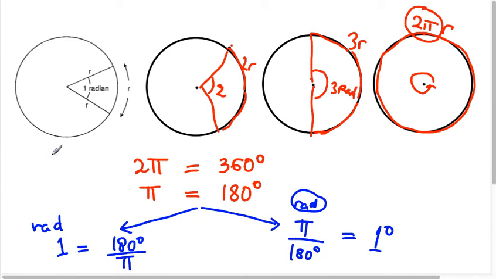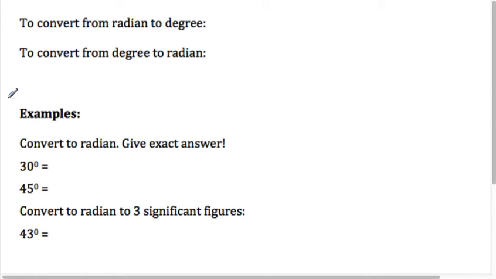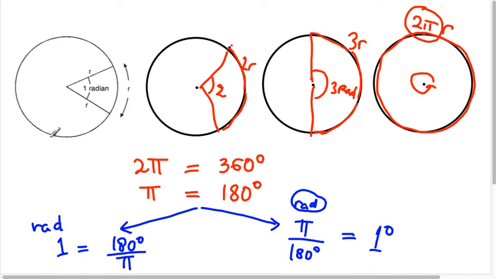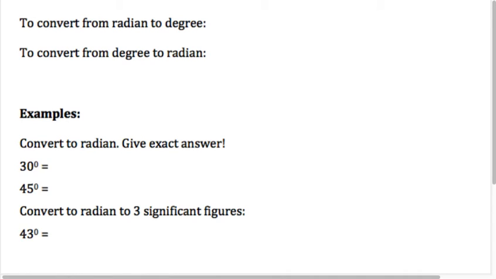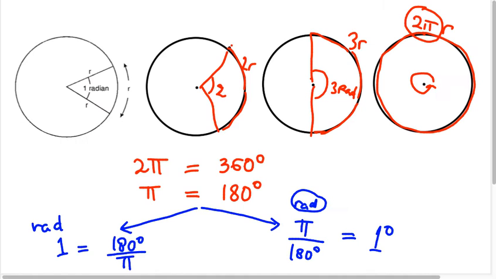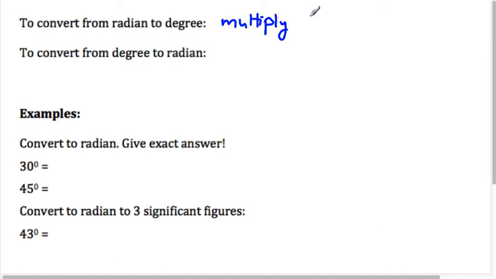So let's have a look at how we can use this in converting back and forth from radian to degrees and vice versa. So here, as you have seen before, if we want to convert from radian to degrees, 1 radian is this amount of degrees, then it means I will have to multiply by 180 degrees over pi.